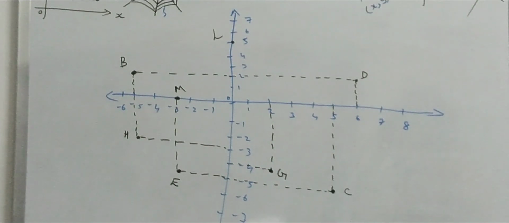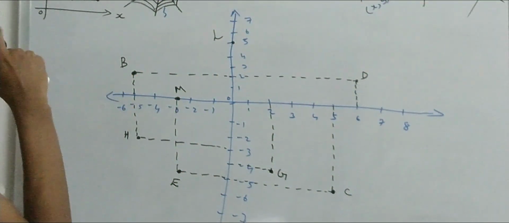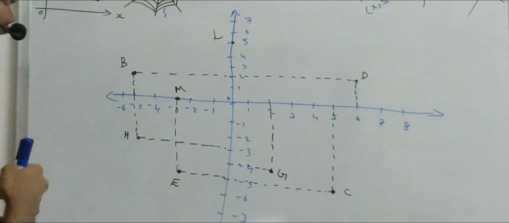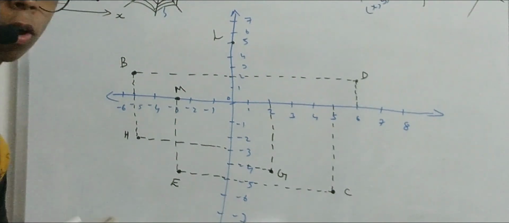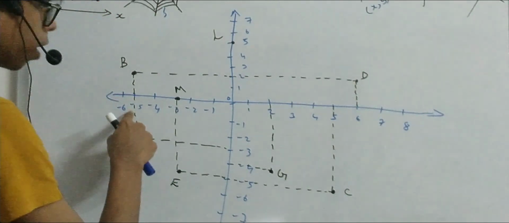The first question is the coordinates of B. Here we have a point B. The question is to write the coordinates of point B. We know our coordinates are of the form x, y. Just see over here, -5.